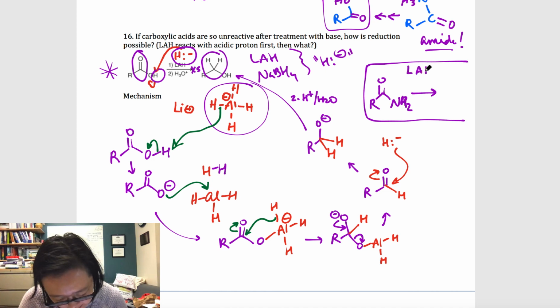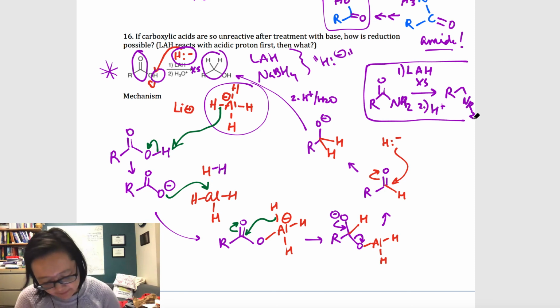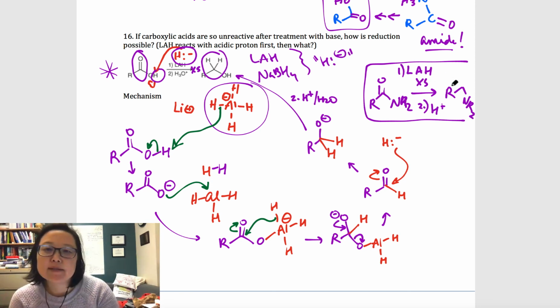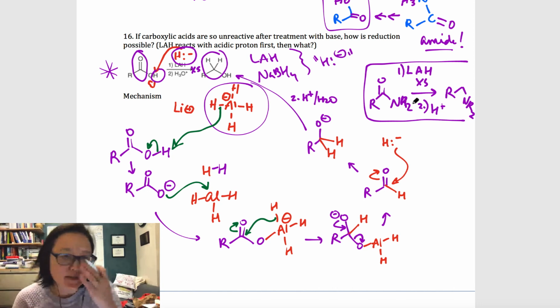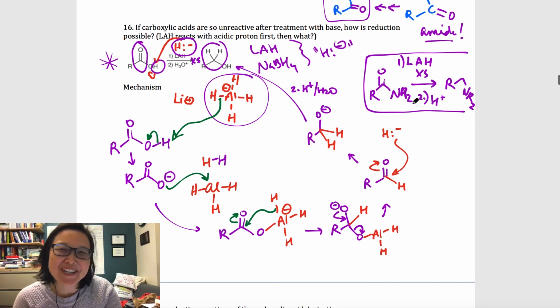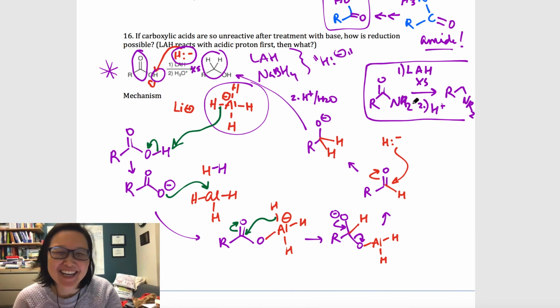You can also do the same thing, excess LAH followed by acid workup, and you will get the carbonyl reduced all the way down. All right, so same kind of reaction, but with nitrogen instead of oxygen. So as a challenge then, you can work through this whole thing again, but with nitrogen. All right, you're welcome. All right, we'll pick up with the rest of this in the next video.